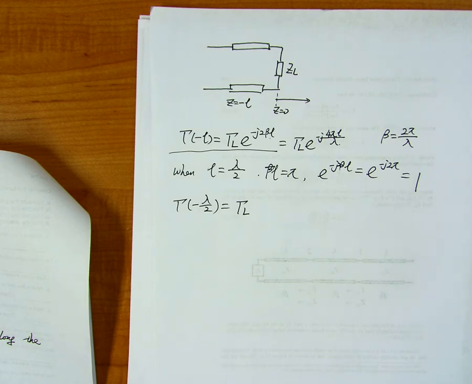We know that the magnitude of the reflection coefficient is less than 1, right? Because we have a passive load ZL, so it cannot generate energy. So the magnitude of gamma L is equal to or less than 1.